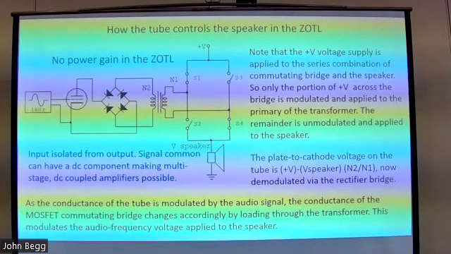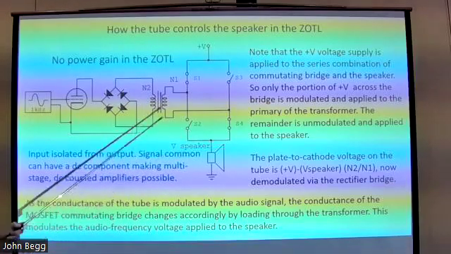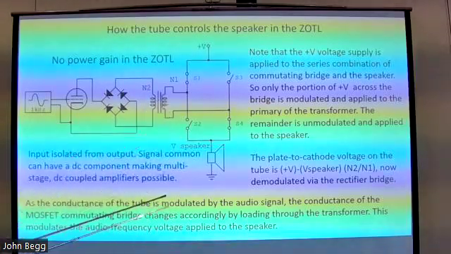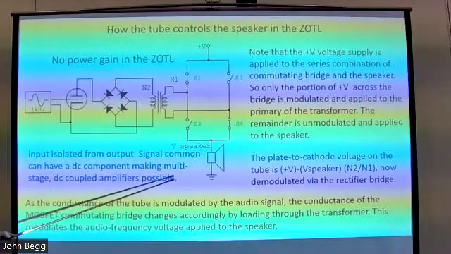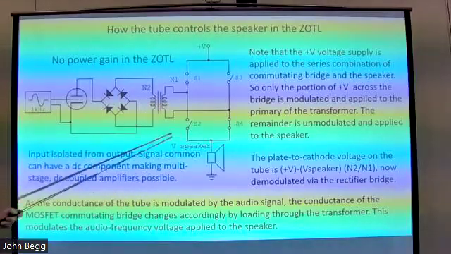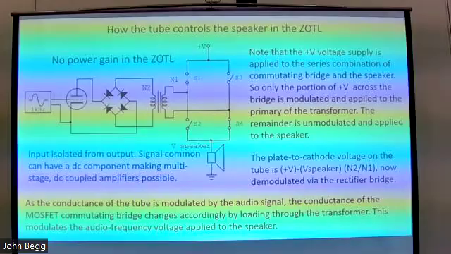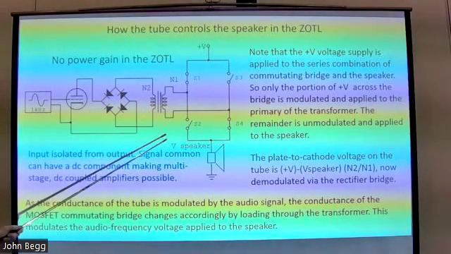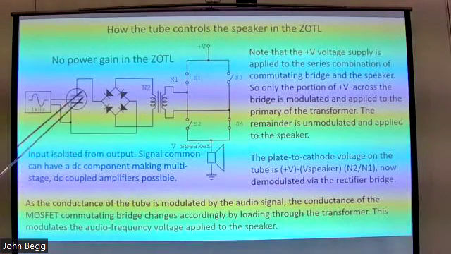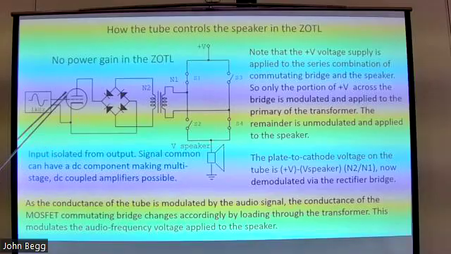And the remainder is unmodulated and applied directly to the speaker. So this is kind of like a voltage divider. You've got the speaker taking a portion of the voltage, and this MOSFET bridge taking a portion of the voltage. And that portion of the voltage is what is modulated and carried through the transformer, rectified and applied as a varying DC voltage to the plate of the tube.